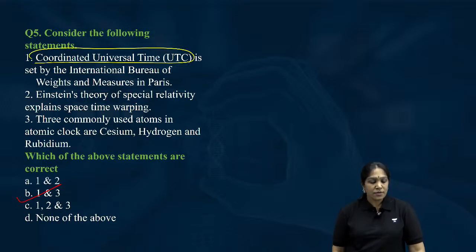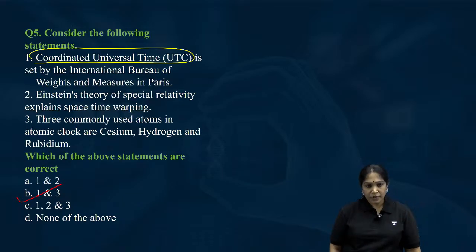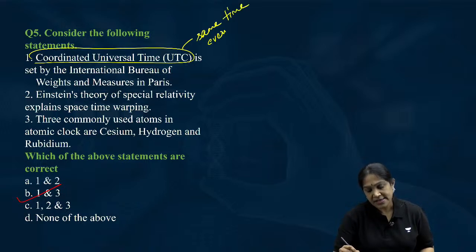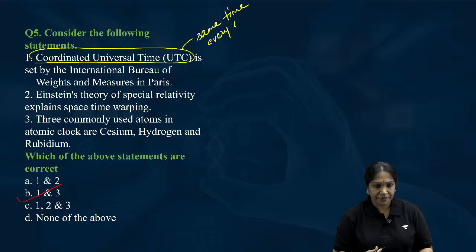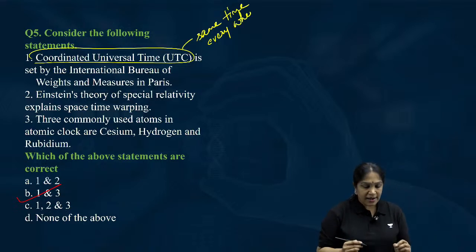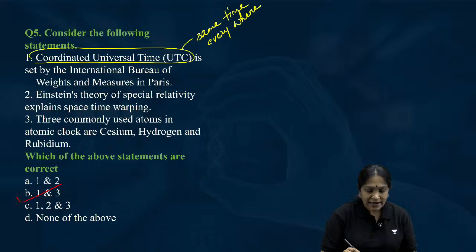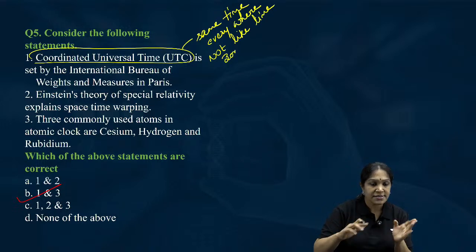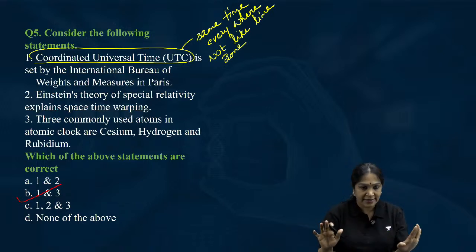What is coordinated universal time? This is nothing but the same time everywhere. It means this is not like time zones. It's not like what's the time now in India, what is the time now in USA, not like that.